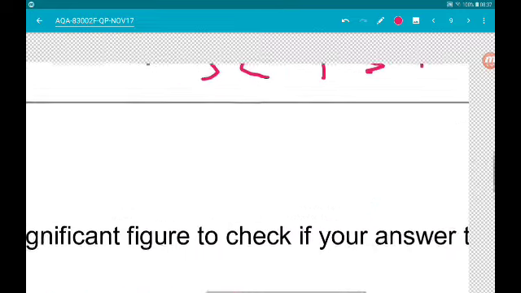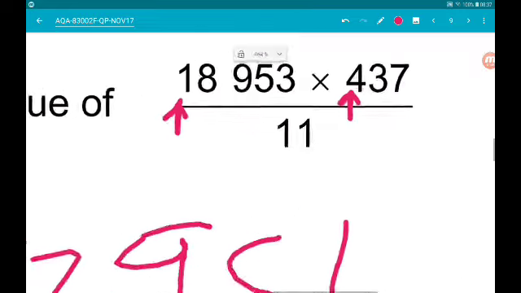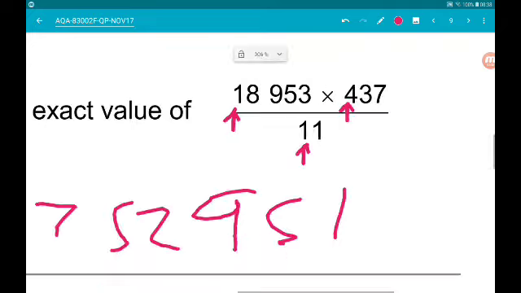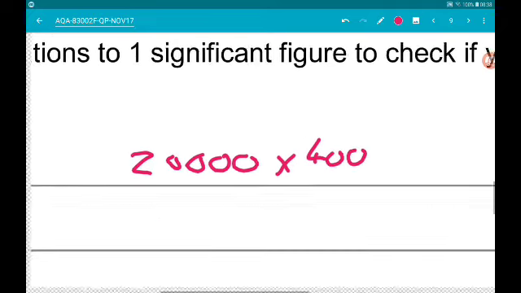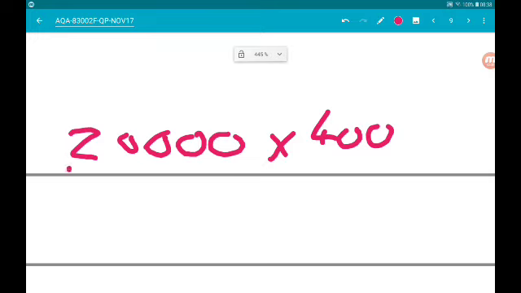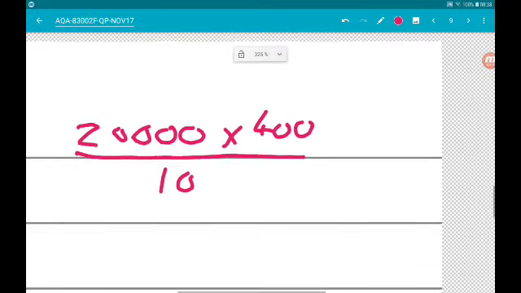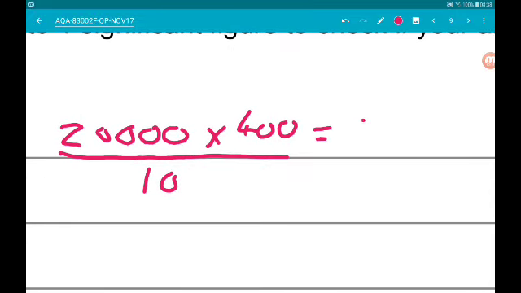And then 11. First sig fig is the first one, there's a 1 after it, so we keep the first one as a 1, the other one turns to 0, so we get 10. Okay, put that into your calculator and we should get 800,000.